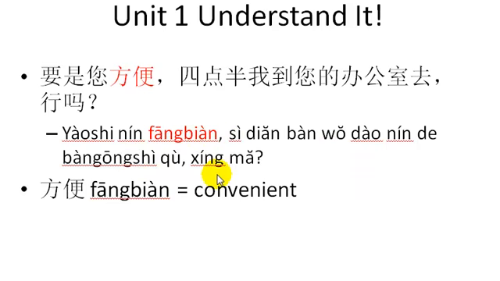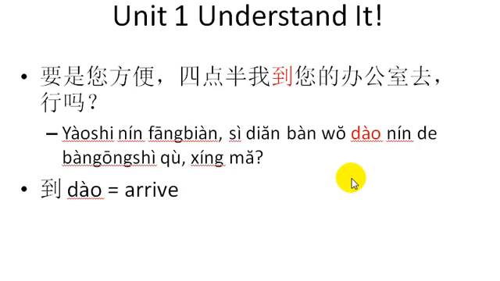Okay, so let's find out what's happening. You can pause and think, maybe you can decipher this now. If not, let's go to the next slide. So 到 means to arrive, to get somewhere. So 要是您方便4点半我到您的办公室去行吗? Okay, so I will arrive, and in English we need a preposition, at.